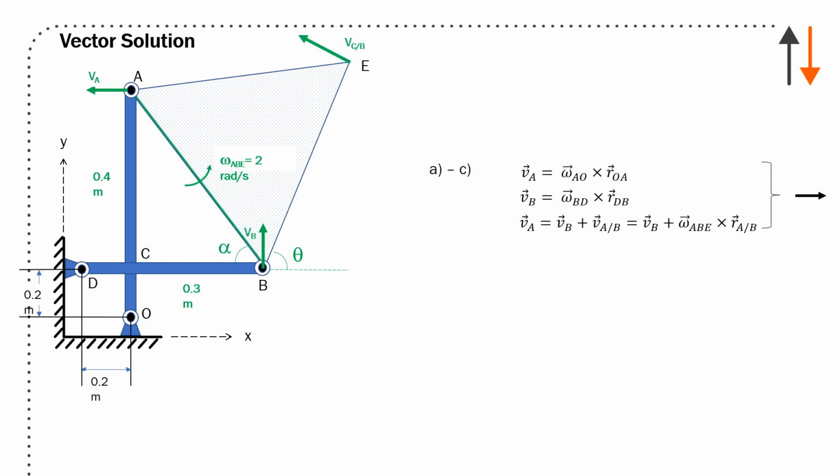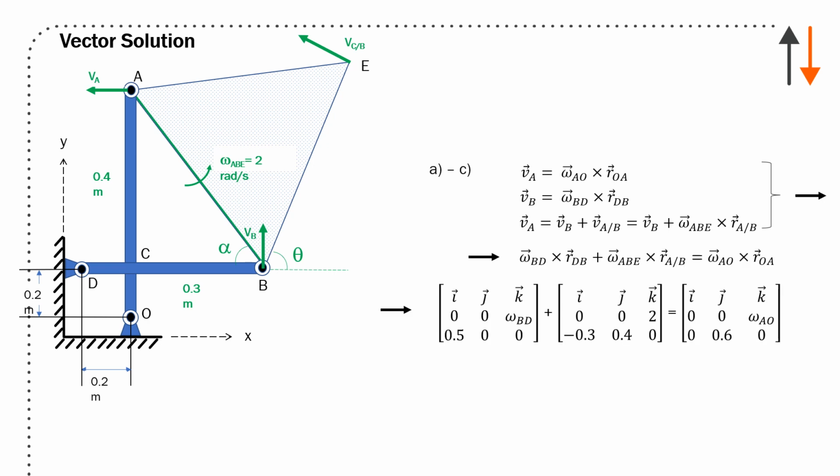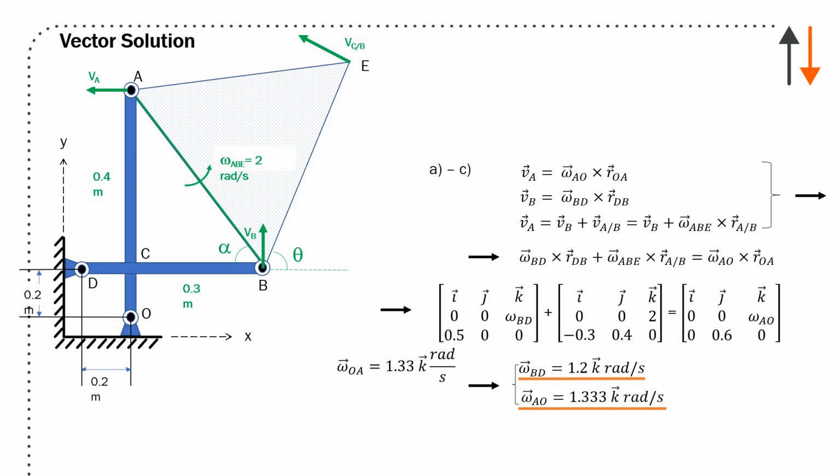If you do this, you can also do it as a vector solution, and it's actually a little bit easier, I think, in the end. Substitute in all the terms, put in everything that you know, velocity of B, velocity of A, how to break them up, set them all equal, and you get right away omega BD and omega AO, which is 1.2 rad per second, 1.33 rad per second in the K direction.